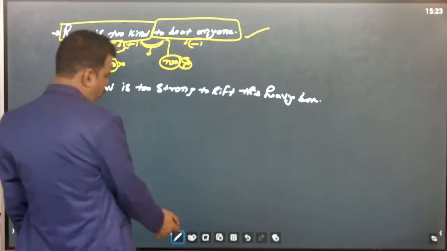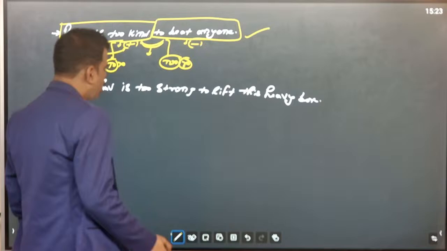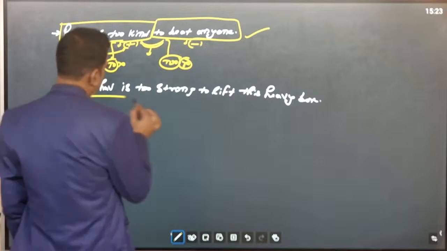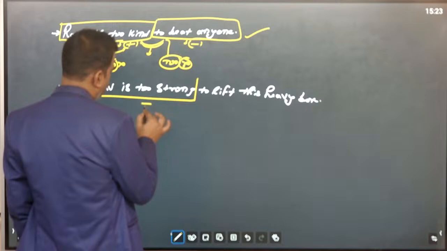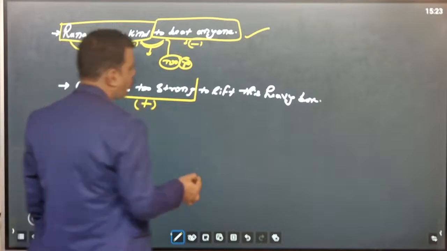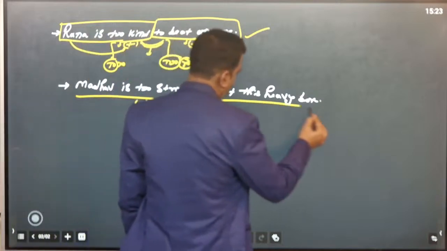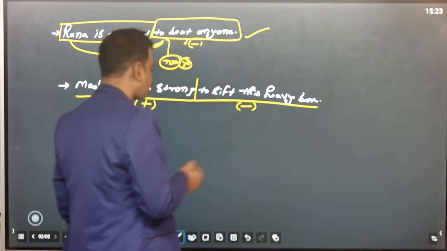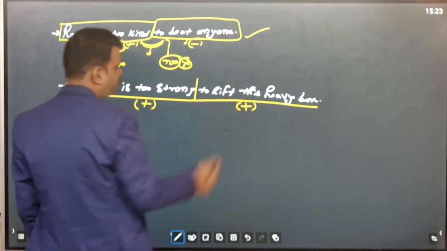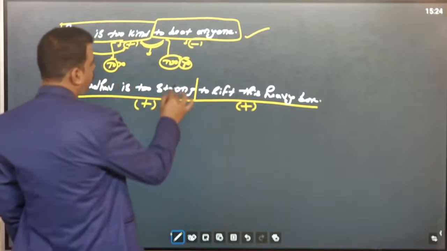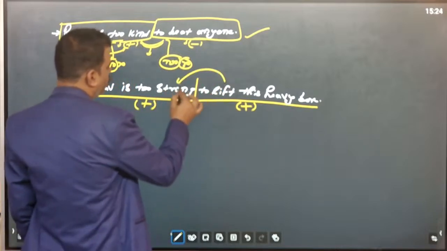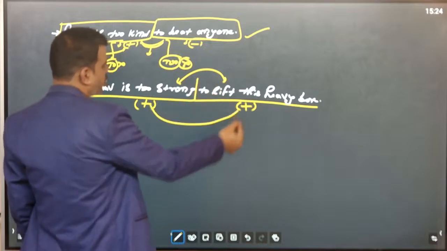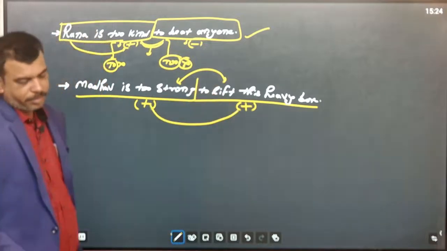Check the statement. Here Madhav is too strong, it is the positive mode of adjective. To lift this heavy box, sorry, it is also a positive mode of verb. So here adjective and verb both are positive by nature, and the statement is not correct.